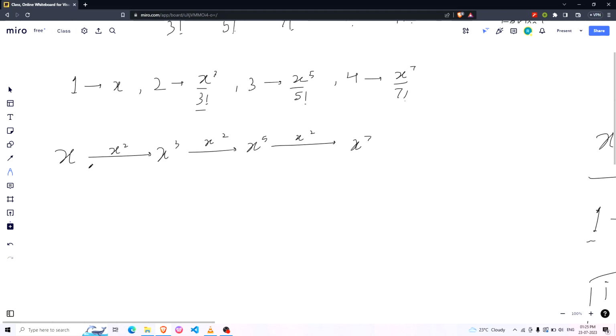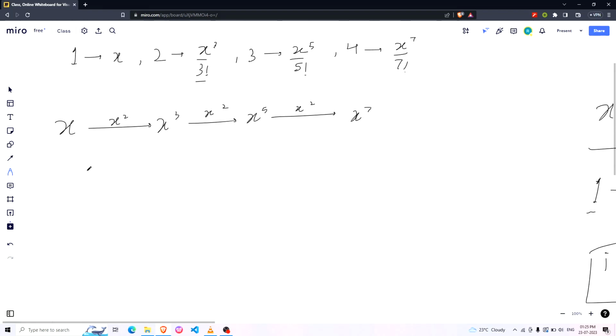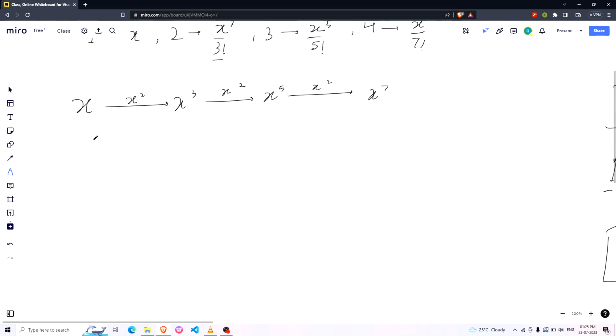It's factorial. So how can we keep the factorial with us during each of the terms? So for the first term, the denominator is 1. For the second term, it is 3 factorial, which is 3 into 2 into 1.